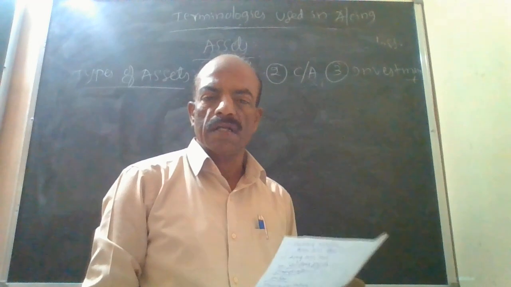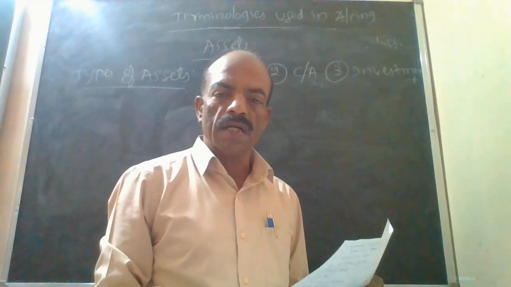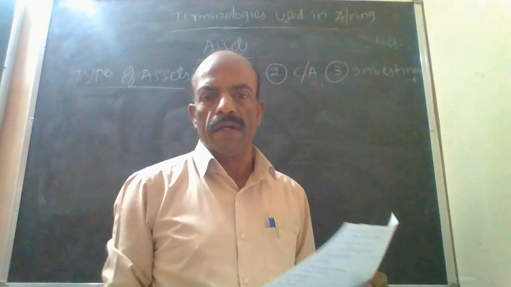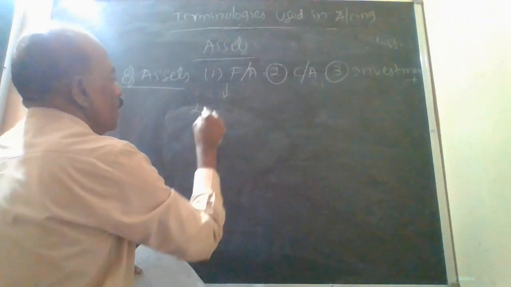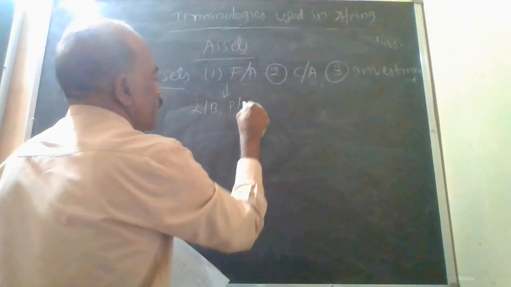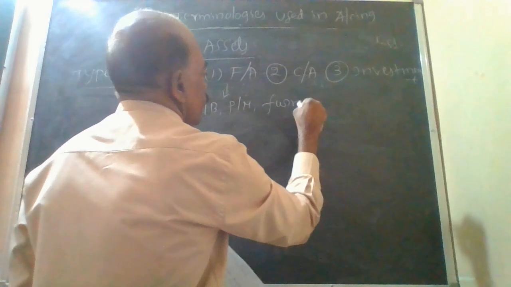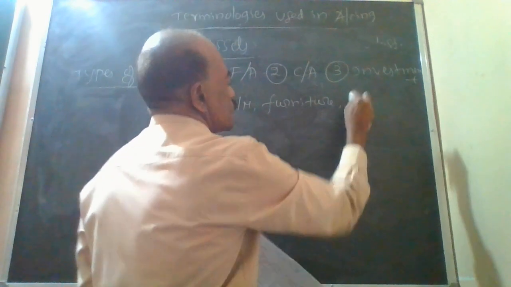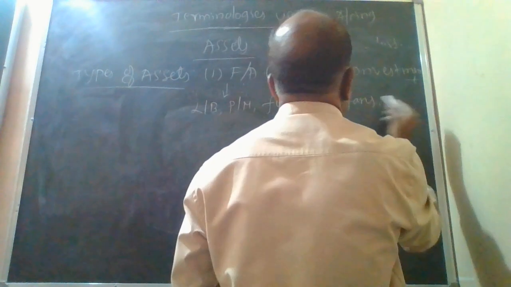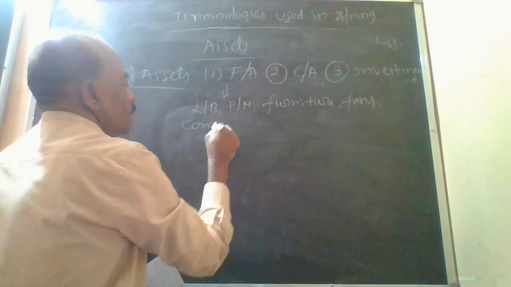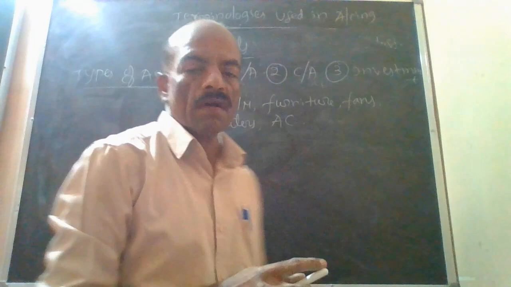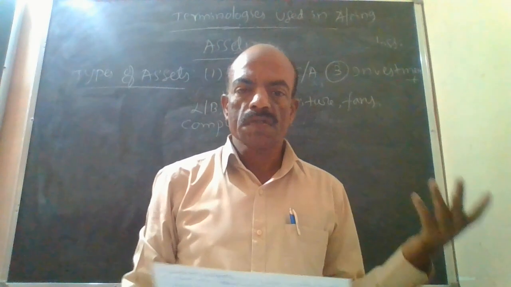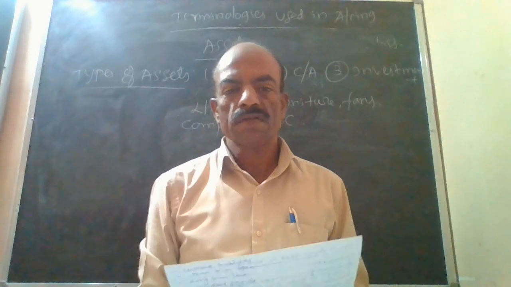What is a fixed asset? A fixed asset is an asset which is used for a long-term period, more than 5 years. So what are those? Land and building, plant and machinery, furniture, fans, computers, AC, air conditioner or air cooler, even printers, so they are going to use.